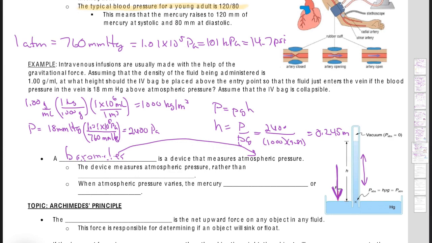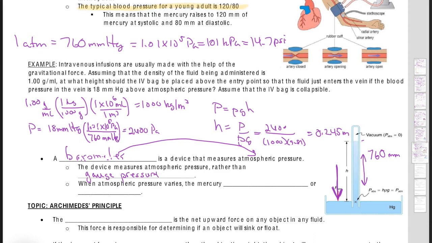Atmospheric pressure will tell me that this will rise 760 millimeters at standard. If I have heavier air, it's going to push more, and my barometer is going to rise higher. If I have less, the mercury is going to push up on the air, and it's going to become lower. So the device measures atmospheric pressure rather than gauge pressure.